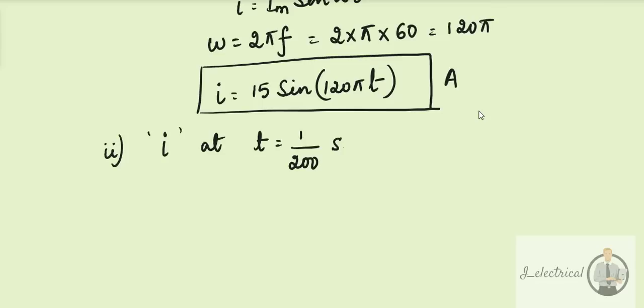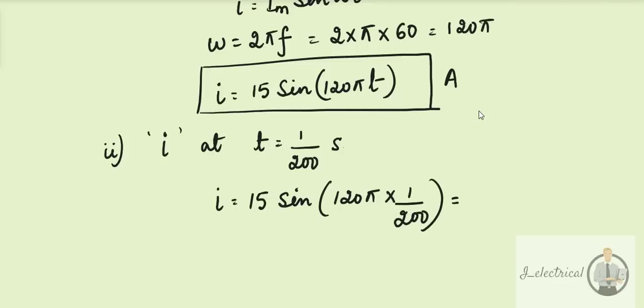What I have to do is substitute this t in the above equation. Therefore, I is equal to 15 sine 120 pi into 1 by 200.